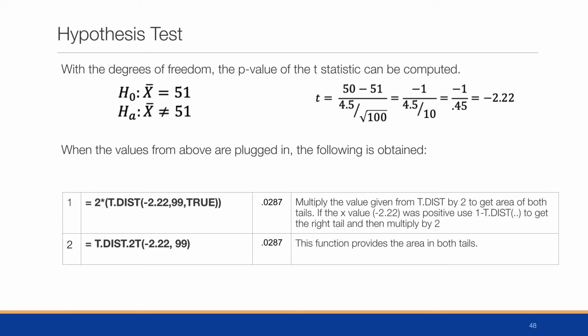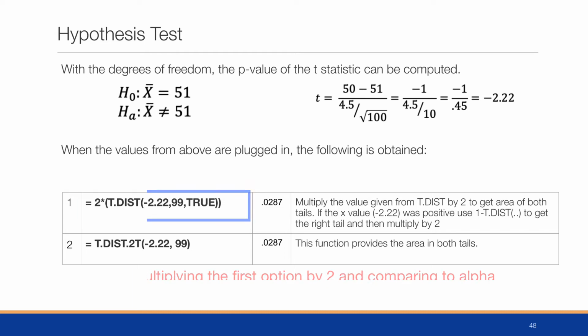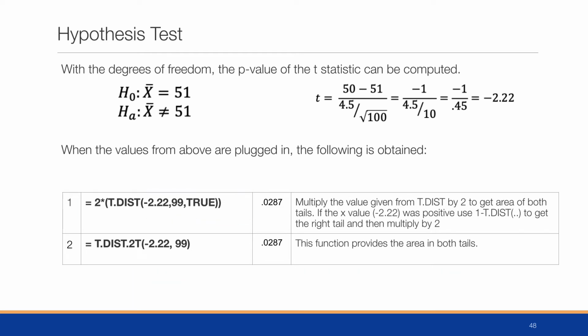The real difference is that if we're going to use the t.dist itself, we need to multiply this by 2 to get the areas of both tails. Remember, if we do the t.dist, it's only going to give us the left tail, so we need to multiply it by 2, and that'll give us a value of 0.0287. If we use the t.dist.2t function, again with the same number, this will give us the area in both tails, and it will give you 0.0287.